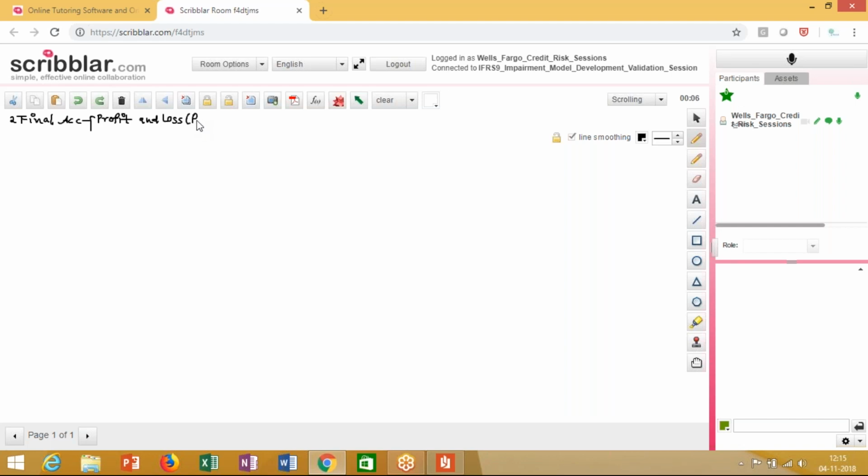P and L, or the profit and loss statement. And the second final account that we would be concerned with is the balance sheet.